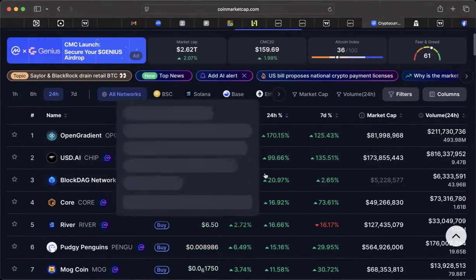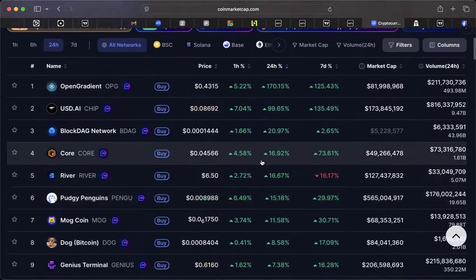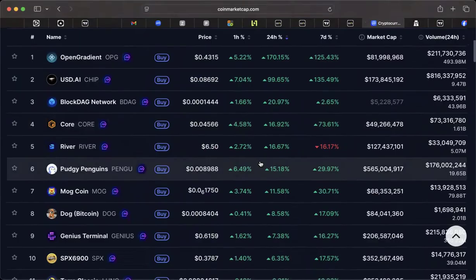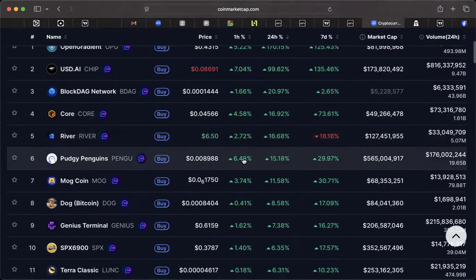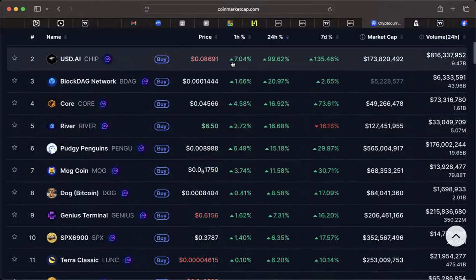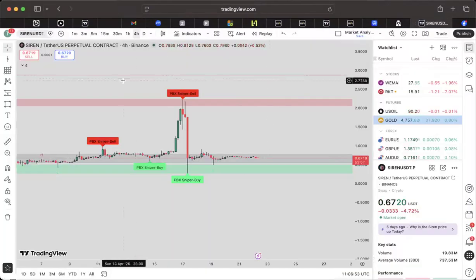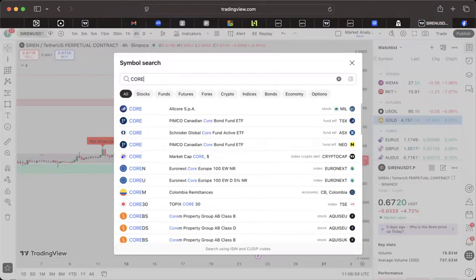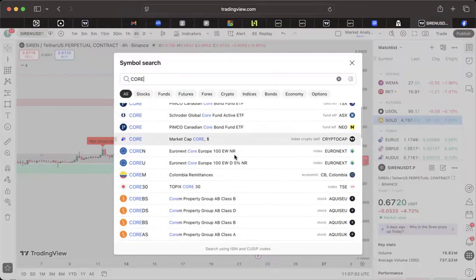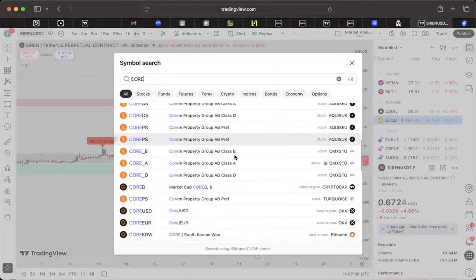USD AI, cheap. Core. Let's look at Core. Wow, River. So see Pengu. So let's look at Core. So Core. If you want to be trading some coins that are not too big, you have to be doing it like this.